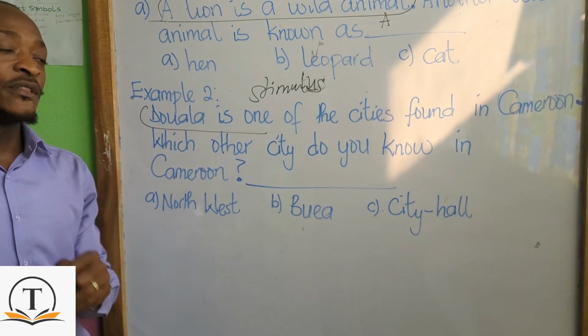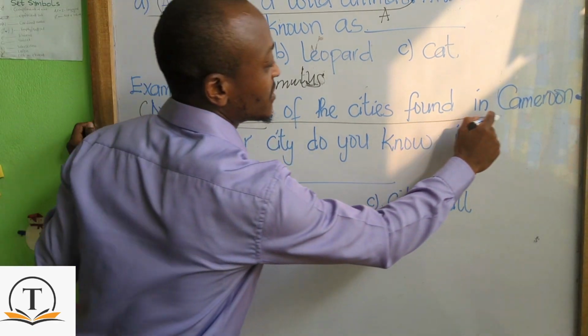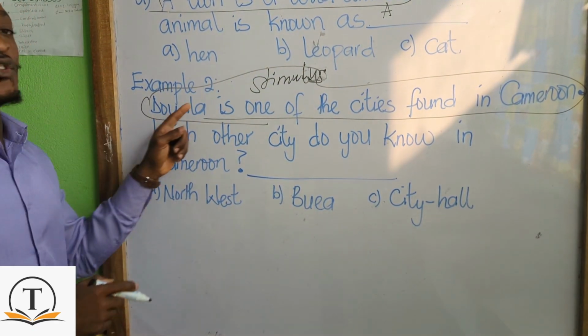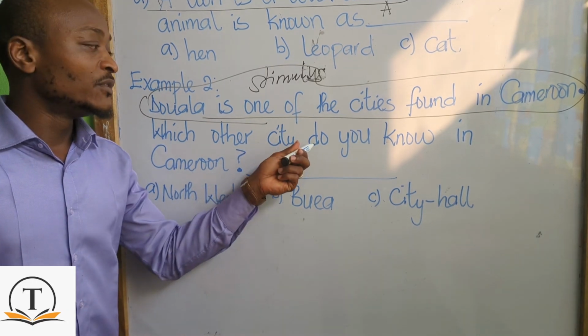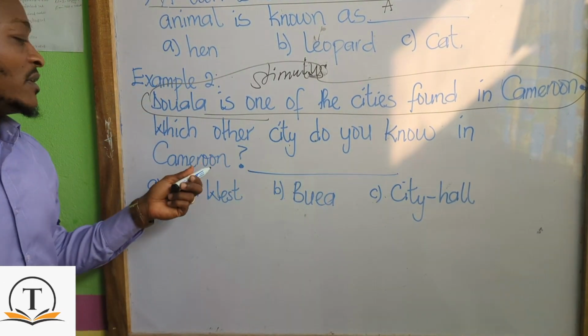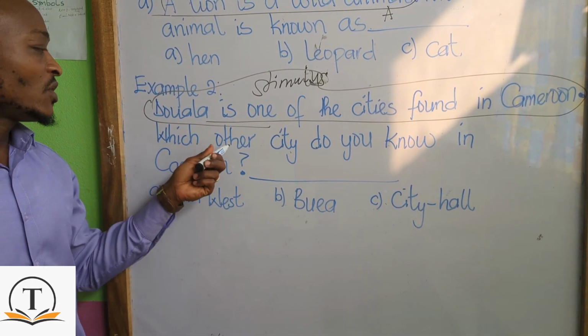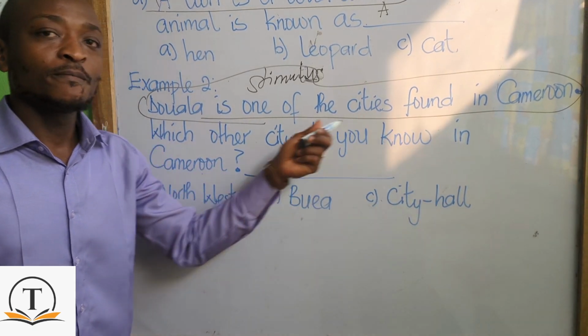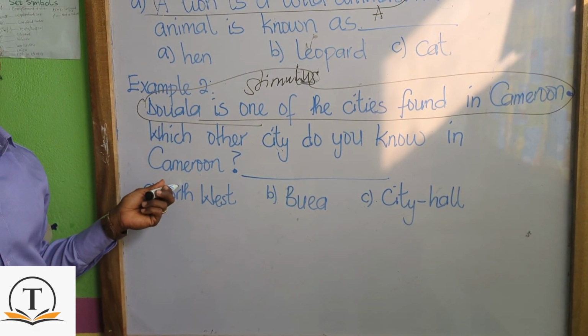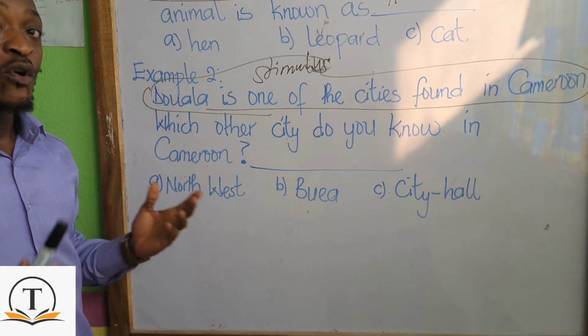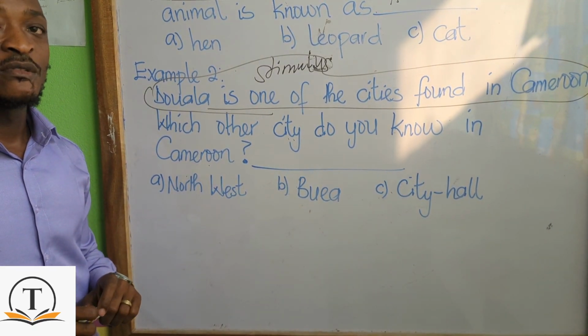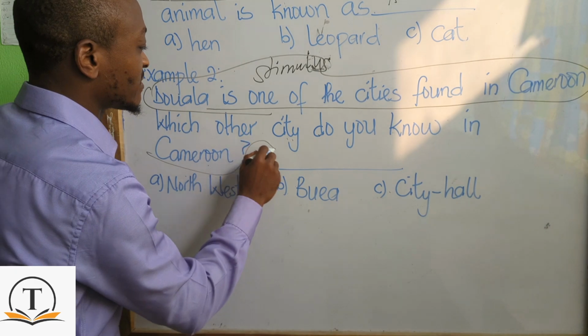I hope we're working together. The first sentence is the stimulus. Now, which other city do you know in Cameroon? What is that, the task or the instruction? That is the task.